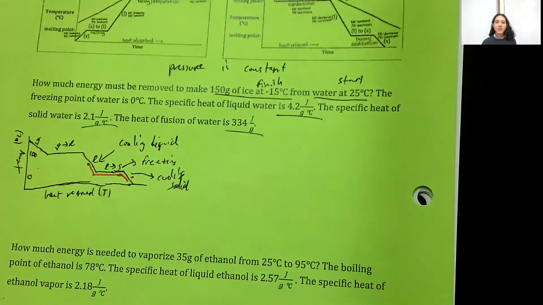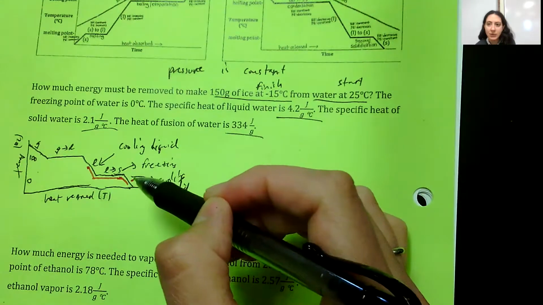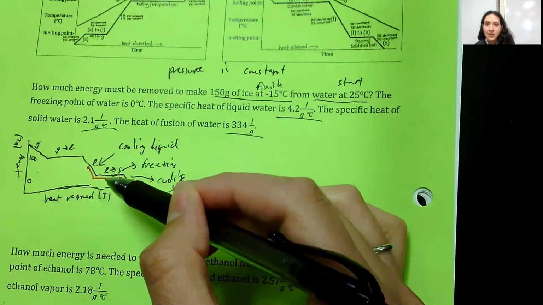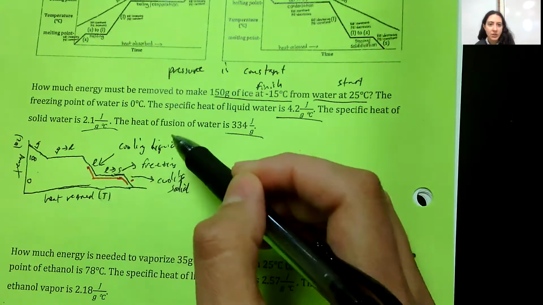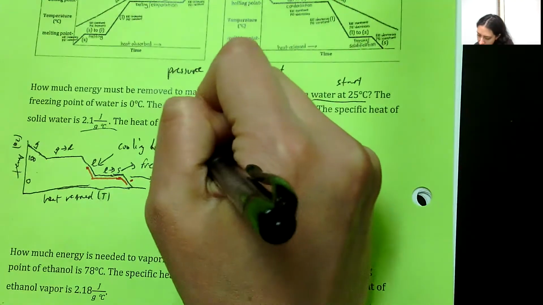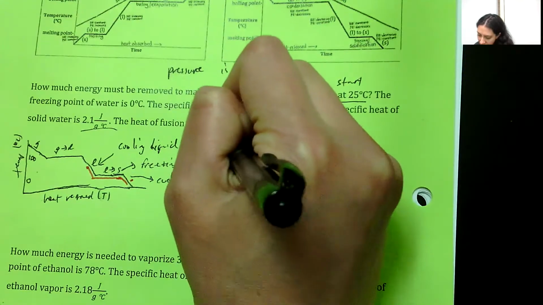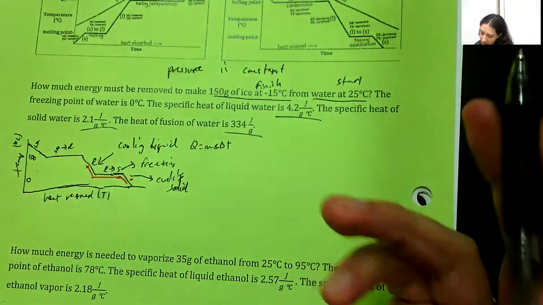The funky part is figuring out how we solve for each of these parts now that we've broken it down. As the liquid cools off, it's going to release heat, and here we're going to want to use specific heat because we're dealing with a temperature change.